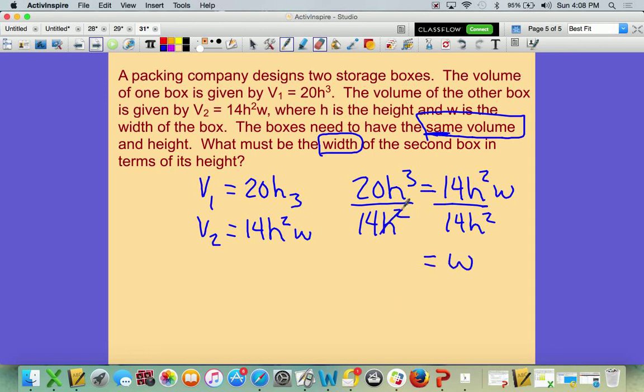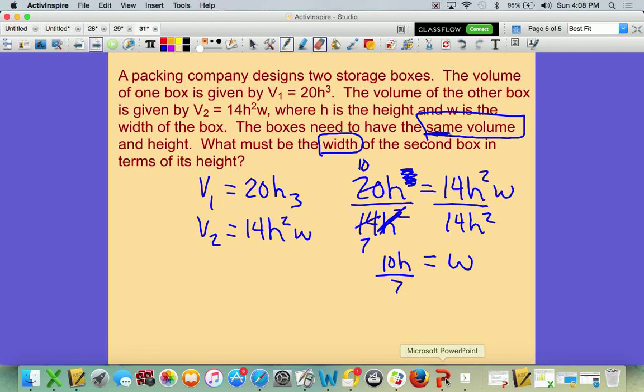So we're dividing both sides by 14h squared to get this down to w on this side. H squared cancels with that, so we've only got one h left. 20 and 14, well, a 2 goes into both of those. It's 10 and 7. So it looks like we've got 10h over 7 is what the w needs to stand for. Last thing you need to look for is to see if you have a label anywhere.